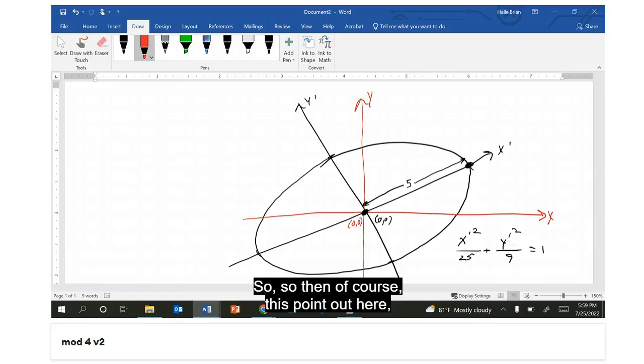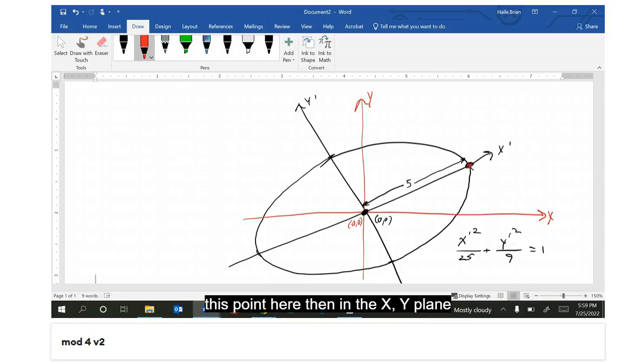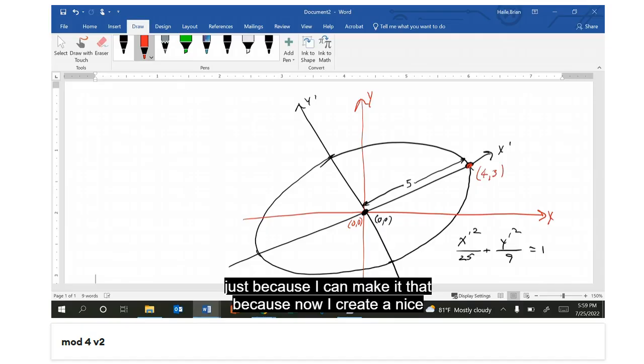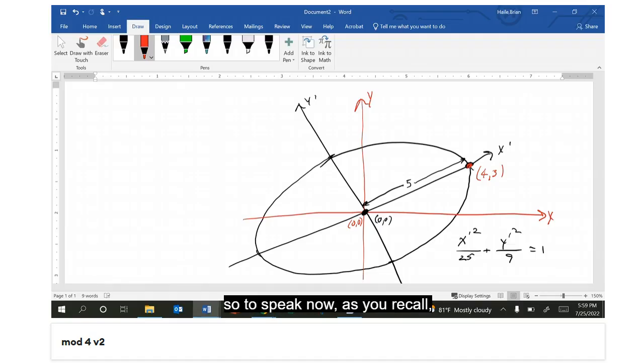And of course this point out here, then in the xy plane is 4, 3. Just because I can make it that, because now I can create a nice 3, 4, 5 triangle because of the ellipse I'm trying. It's a nice book example, so to speak.